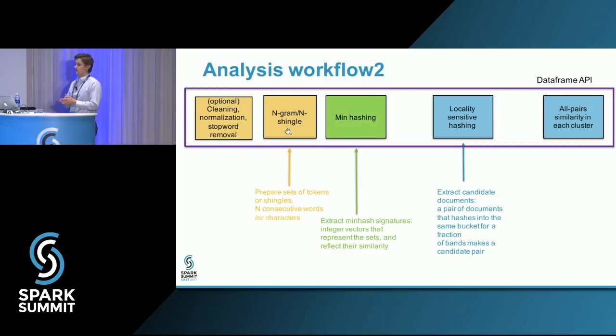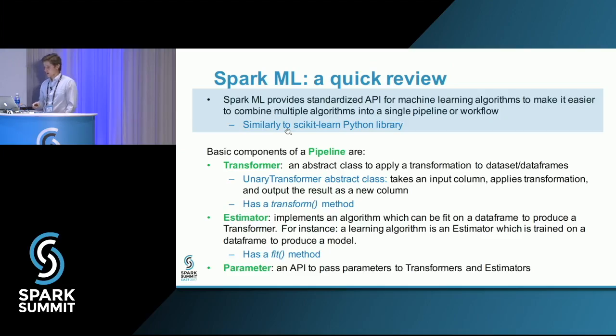So if you use small granularity, it essentially results in all of the documents having the same sets of n-grams. And then we extract the characteristic, min hash characteristic matrix and signature matrix. After that, locality sensitive hashing is used, and the all-pair similarity is calculated with locality sensitive hashing.